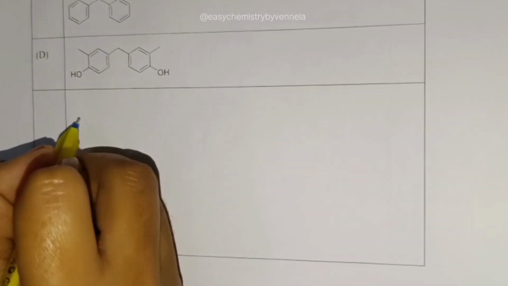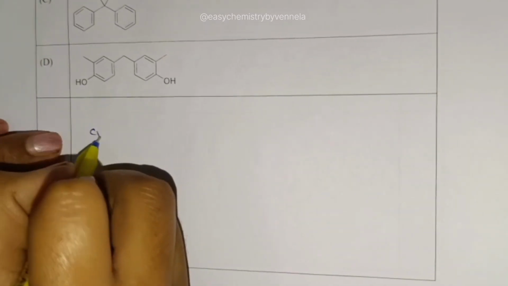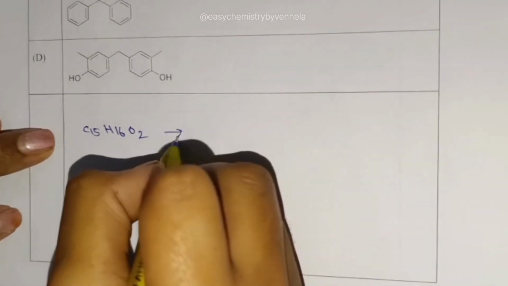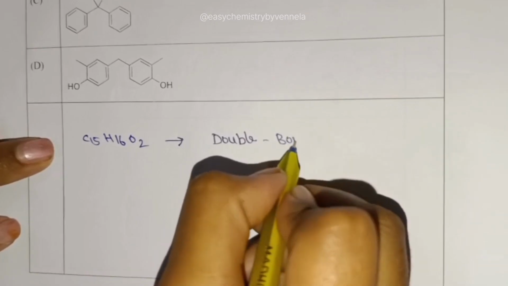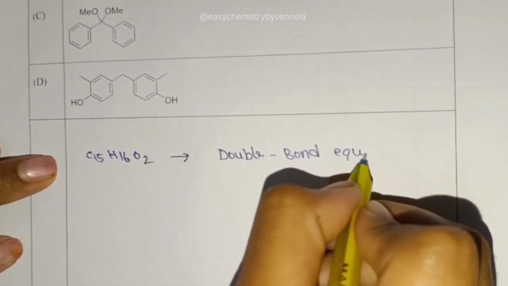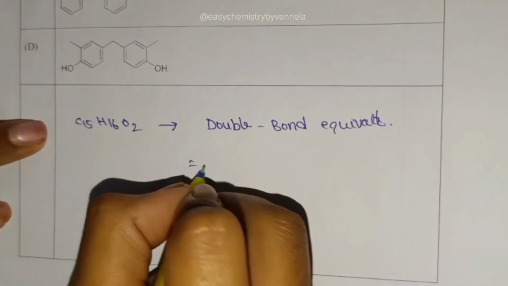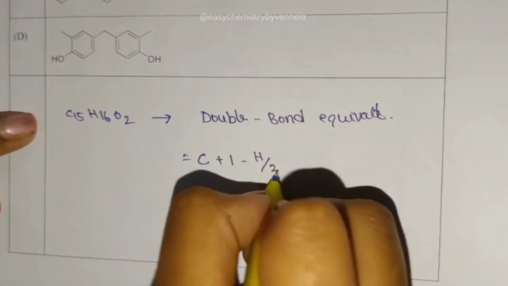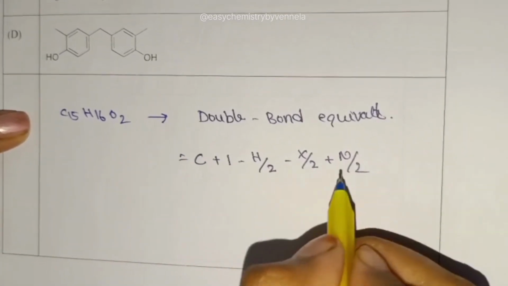Here, how can we find which option this formula is suitable for? Here C15 H16 O2. Our formula for double bond equivalent is equal to C plus 1 minus H by 2 minus X by 2 plus N by 2.